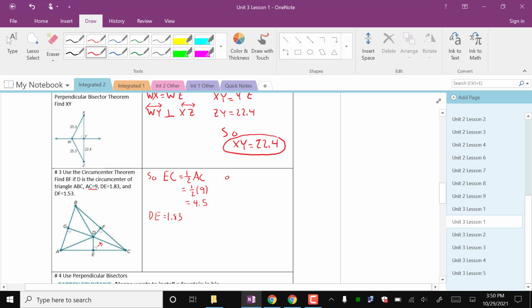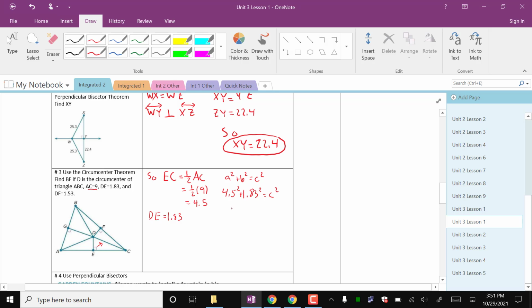So a squared plus b squared equals c squared. So plug in what we have. So 4.5 squared plus 1.83 squared equals c squared. We're solving for the hypotenuse in this case.